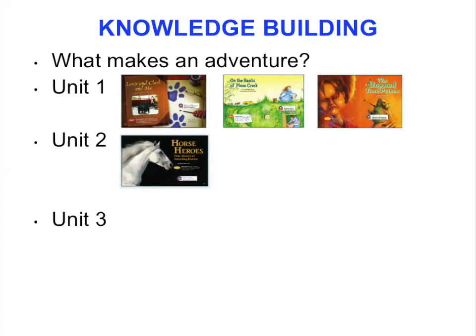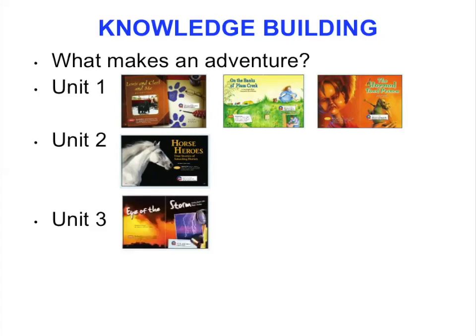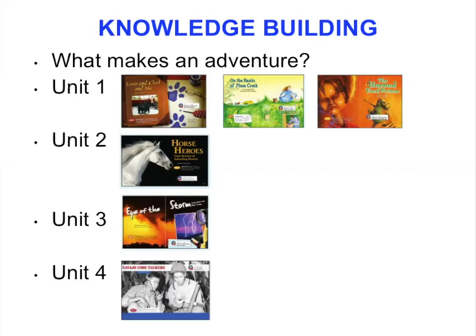In Unit 3, we joined Warren Fadley in Eye of the Storm as he chased Hurricane Andrew. That definitely takes an adventurous spirit. In Unit 4, we saw the Navajo code talkers create a secret code to help win World War II.